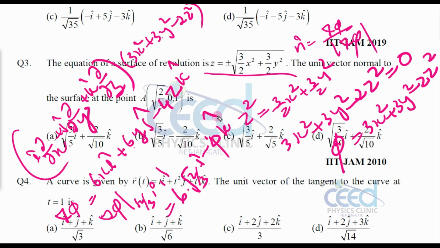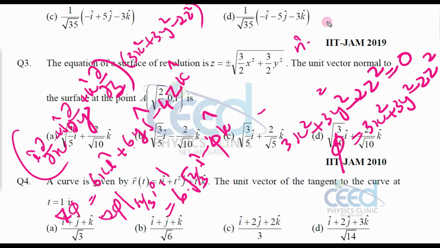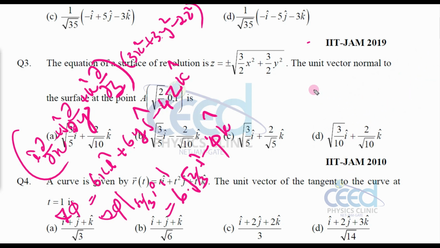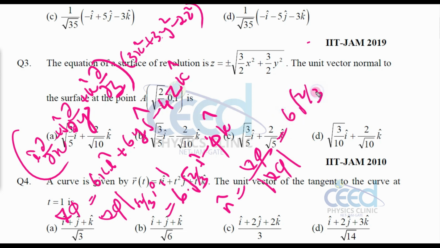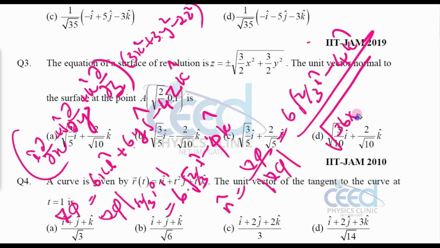All right, now we have to divide it by this magnitude to find n cap. So n cap is equal to del phi divided by mod del phi. So that is 6 root 2 by 3 i cap minus 4 k cap divided by square root of 36 into 2 by 3 plus 16, right?